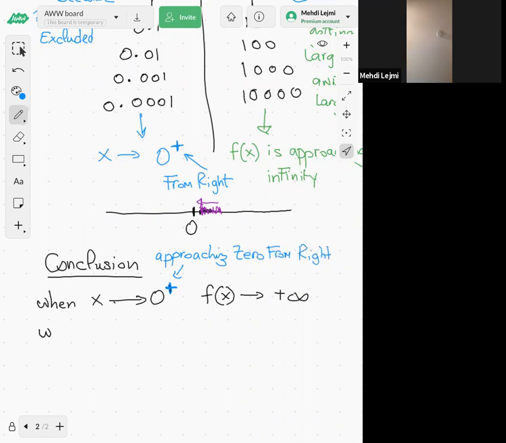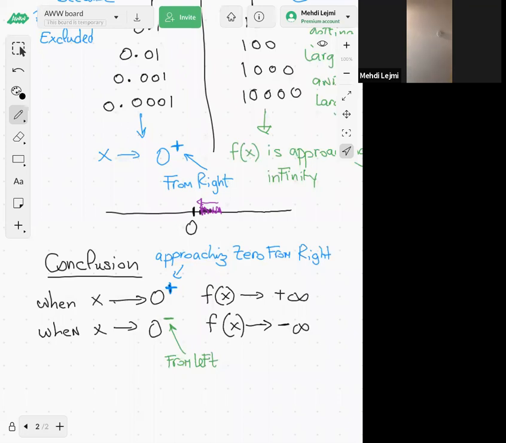And the same when you approach 0 from the left, so when x approaches 0 from the left, then f of x is going to approach negative infinity.